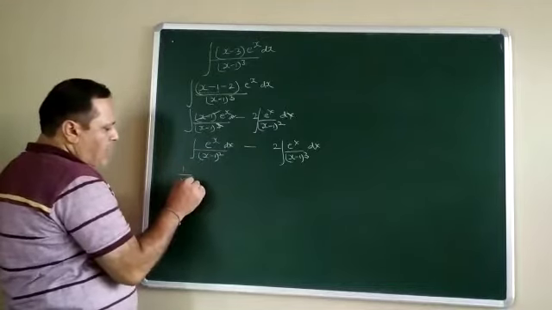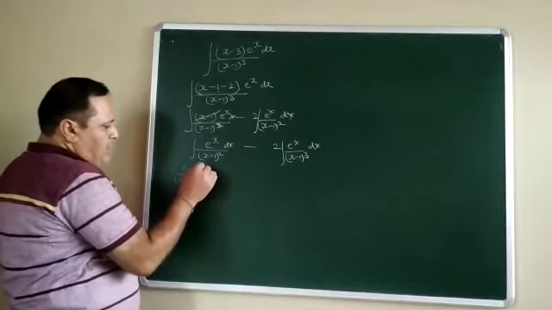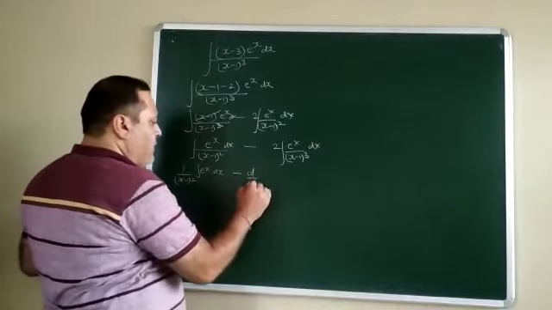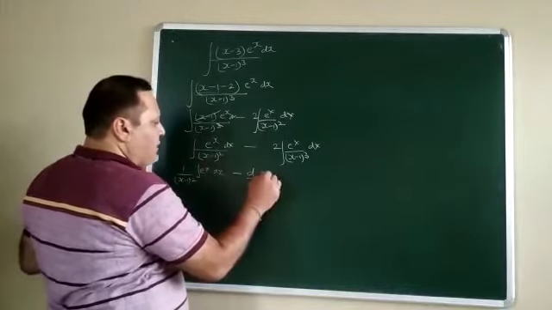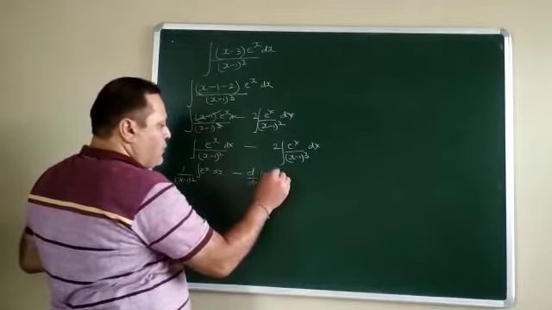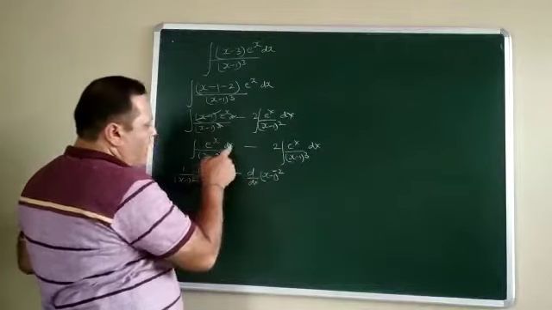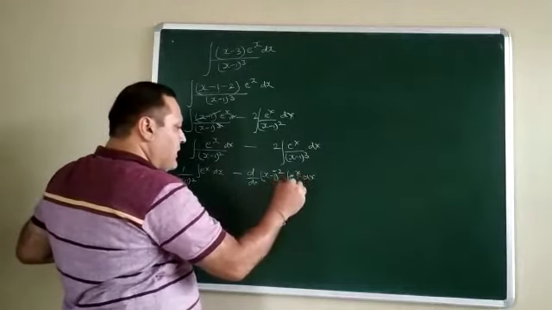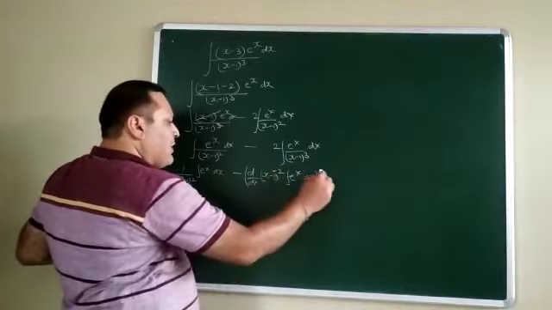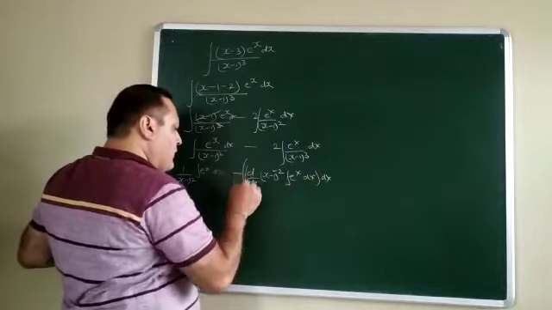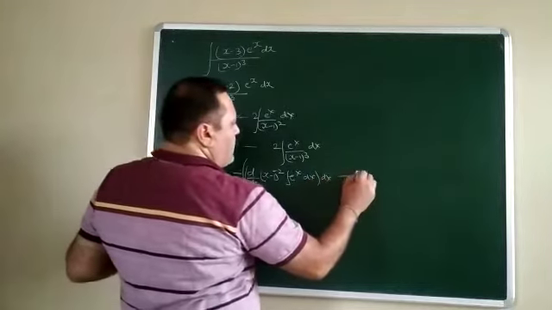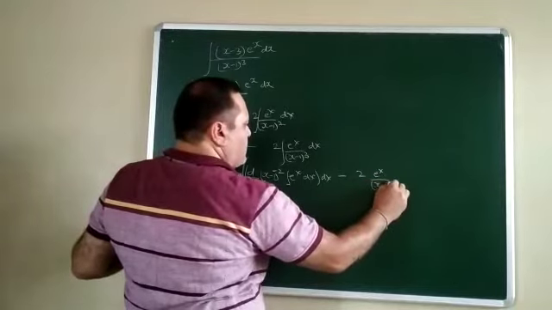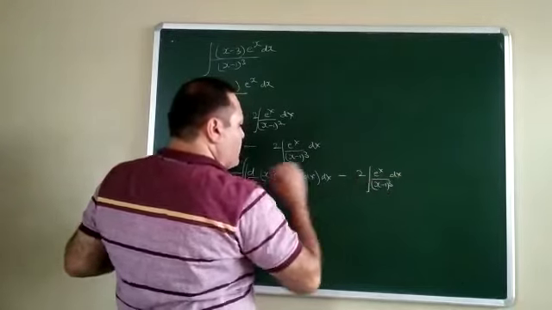First function as it is, integration of second minus derivative of first, d by dx of (x minus 1) to power minus 2. This power will be transferred, minus 2. Integration of second, whatever result you get, again go for integration. Minus 2 e to power x upon (x minus 1) whole cube dx.